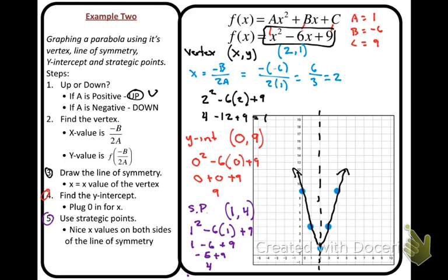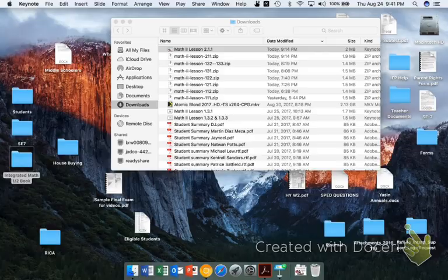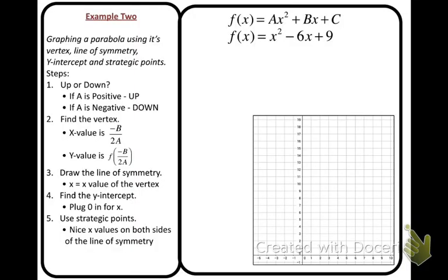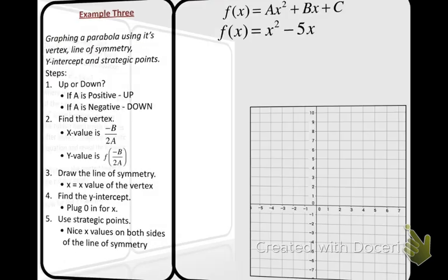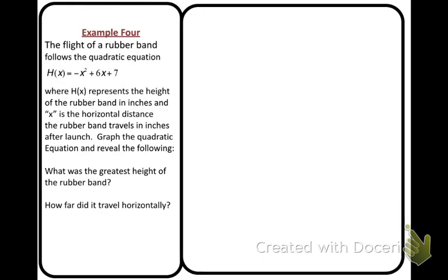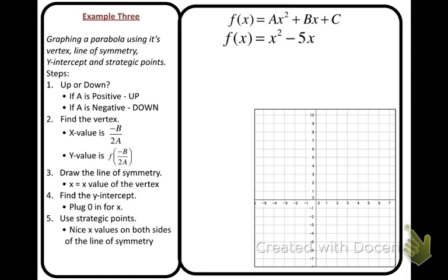Okay, let's go to example 3. Okay, so graph the parabola using vertex, line of symmetry, y-intercept, so same steps. And we have the same 5-step process for this one as well, except if you look at the problems that are given, let's make our key here, a, b, and c.